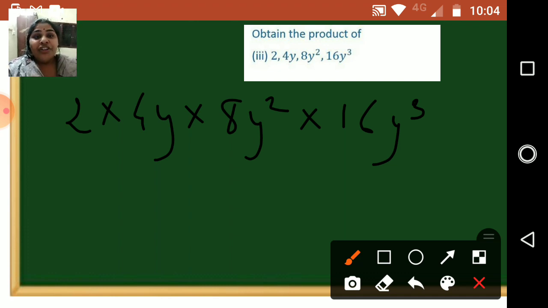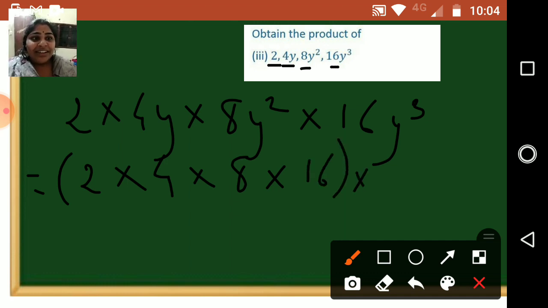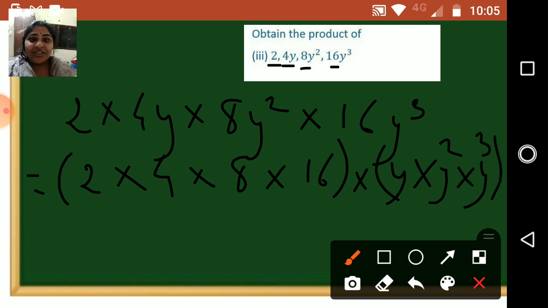So let us bring all the coefficients together: 2 multiplied by 4 multiplied by 8 multiplied by 16, and then multiplied by y multiplied by y square multiplied by y cube. Now is it easy, children?